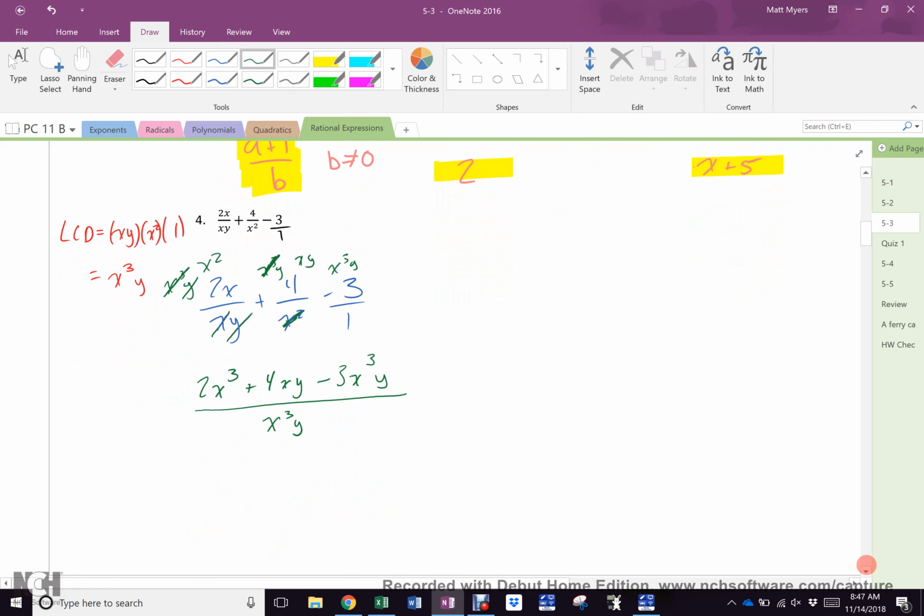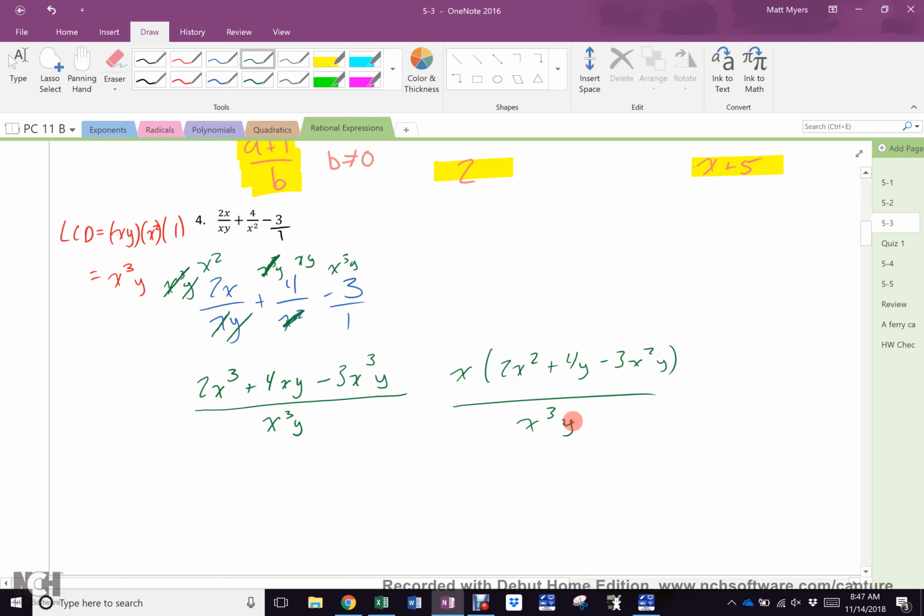Now what? Simplify. I mean, factor. Is it all over x cubed y? Yeah. So factor, then simplify. What can come out up there? X is coming out. Agreed? What stays in? 2x squared plus 4y minus 3x squared y, all over x cubed y.